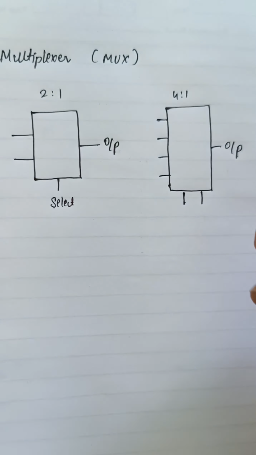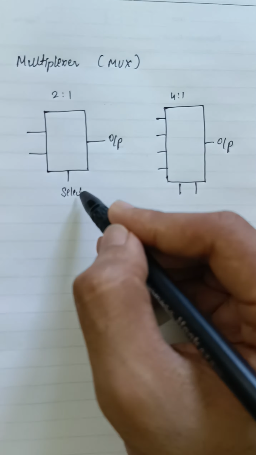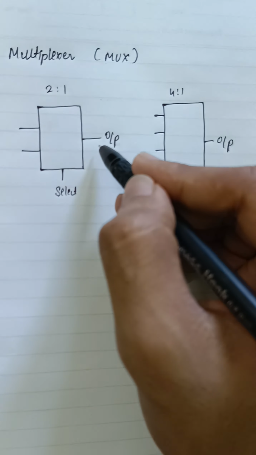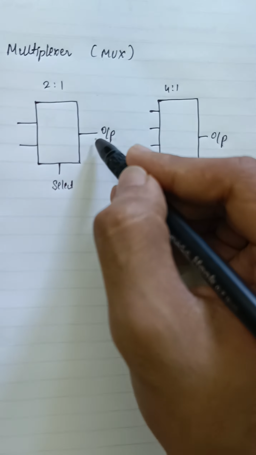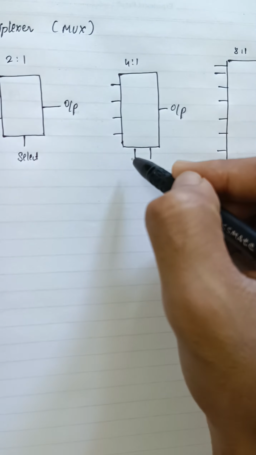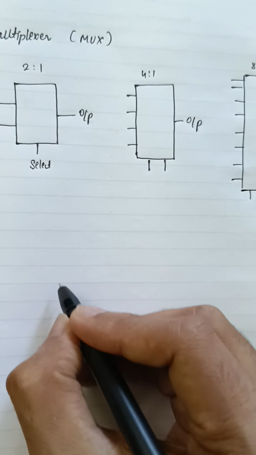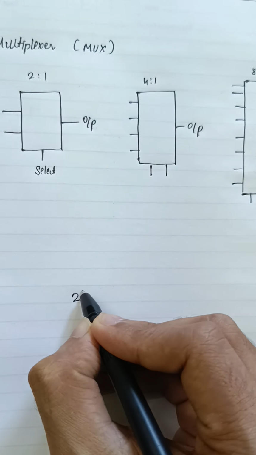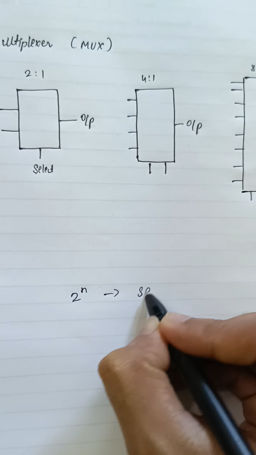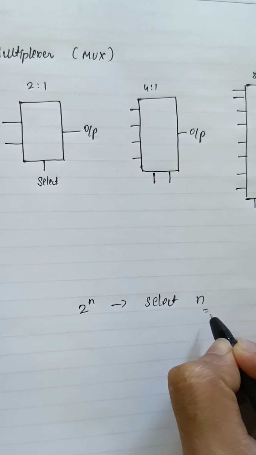If there are two inputs, then there will be one select, and in multiplexers the output is always single. In a 4:1 multiplexer there are four inputs and two selects. That is, if there are 2 to the power of n inputs, then there will be n selects.